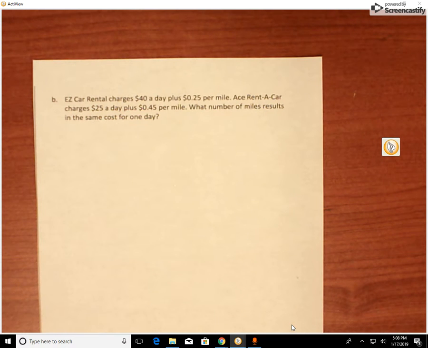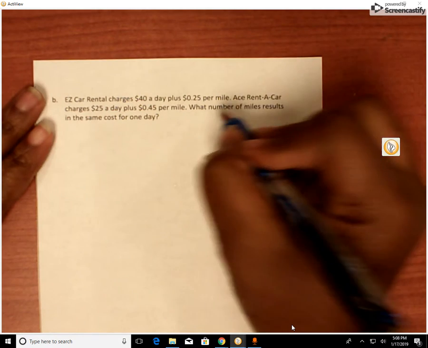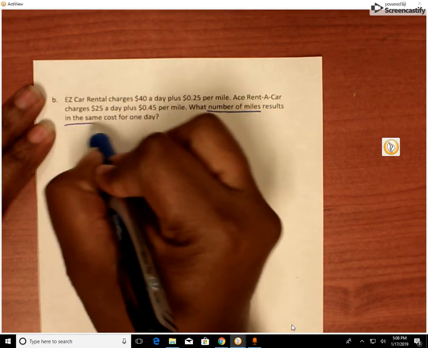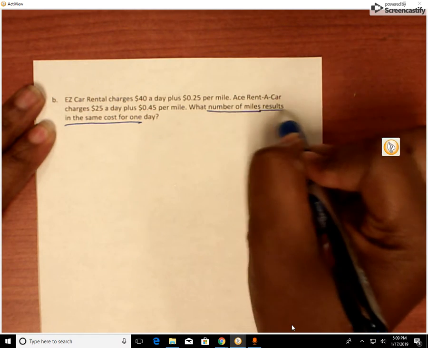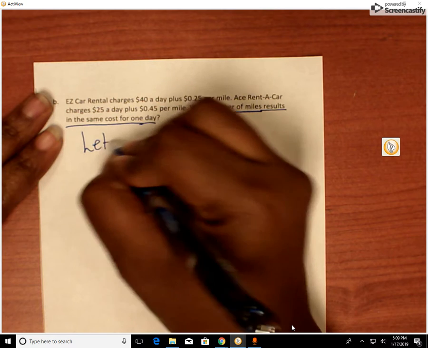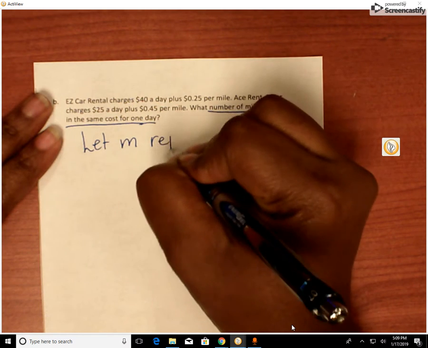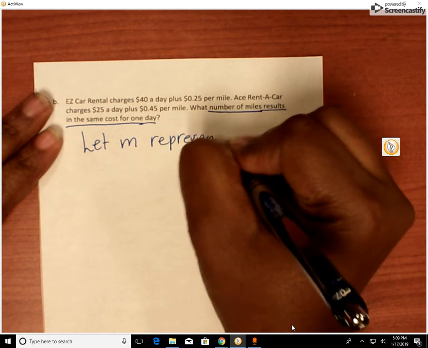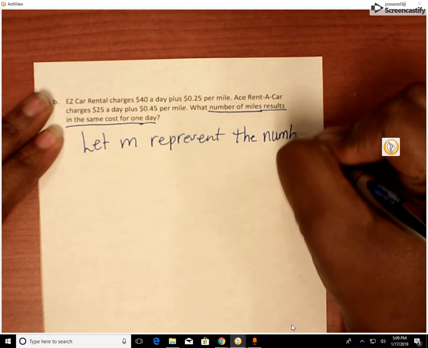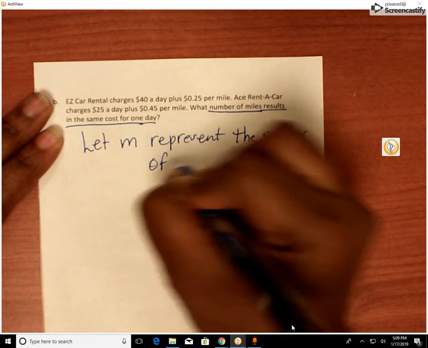What number of miles result in the same cost for one day? So the number of miles is our unknown, and that cost in one day that results. So let M represent the number of miles.